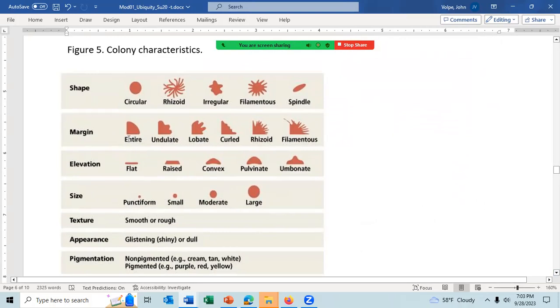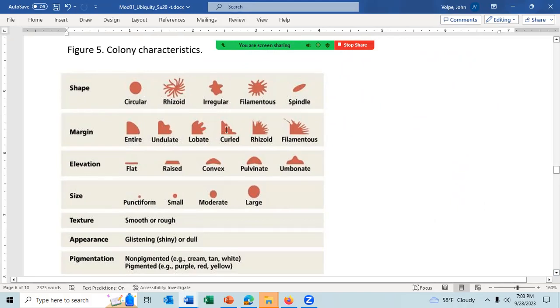You can have a circular colony, a rhizoid colony, an irregular colony, a filamentous colony, or a spindle-shaped colony. You can have a different edge of the colony, and we call the edge of the colony the margin. You can have an entire margin, and a circular colony has an entire margin. You can have an undulate margin, a lobate margin, or a curled margin.